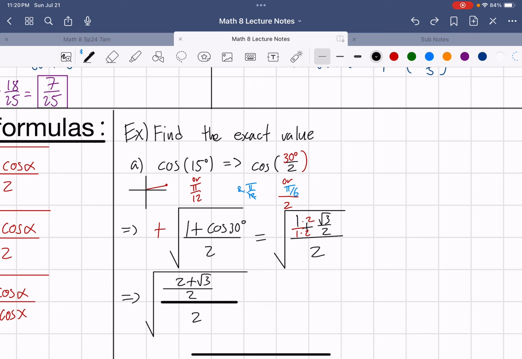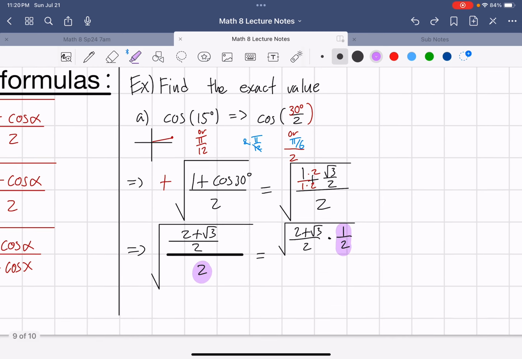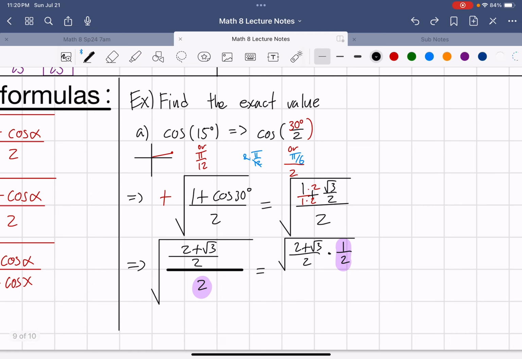But let's not forget, when we divide by a fraction, you always have to multiply by the reciprocal. So that's going to be 2 plus square root of 3 all over 2 times 1 over 2. Now, I want to highlight this because the 2 is this 1/2 that I'm using, which will give us the square root of 2 plus square root of 3 all over 4.